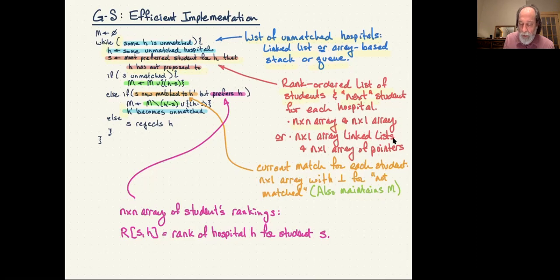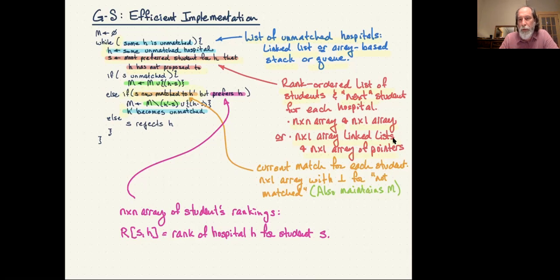We can have an n by n array carrying the list of preferences and an n by 1 array indexing the next student to be proposed to. Or we could have an n by 1 array of linked lists, with the linked lists being the students in rank order, and an n by 1 array of pointers, the pointer for hospital H pointing to the student that they are going to propose to next if they make another proposal. So that's straightforward.